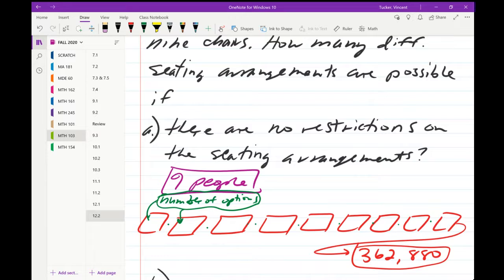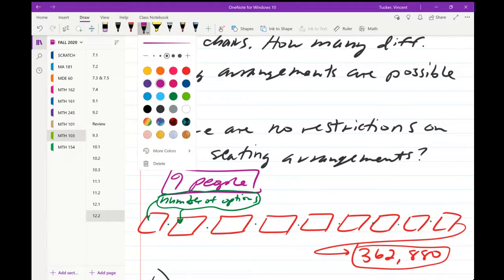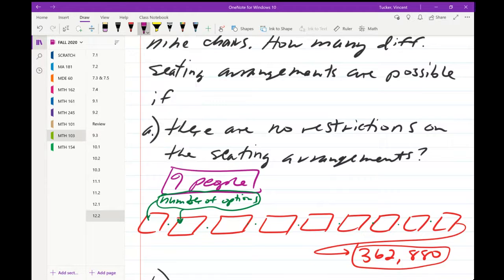So in each box, I will write how many options I have for my people. In the first box, I have 9 people. So I write down 9. After that first person sits down, I have 8 people. After this person sits down, 7 people. Then 6, 5, 4, 3, 2, and 1.